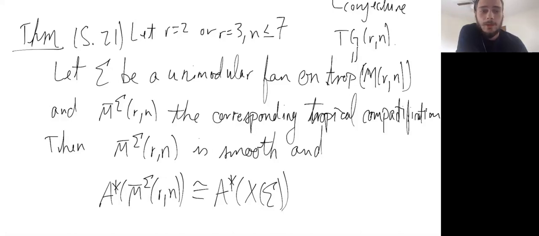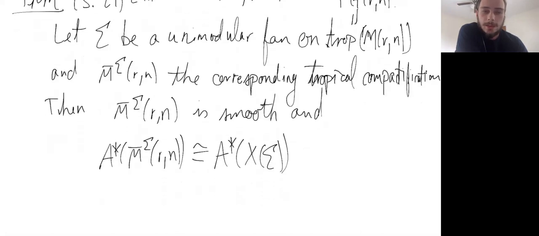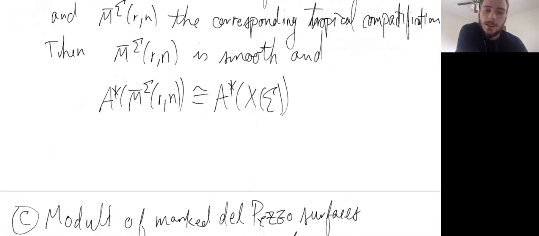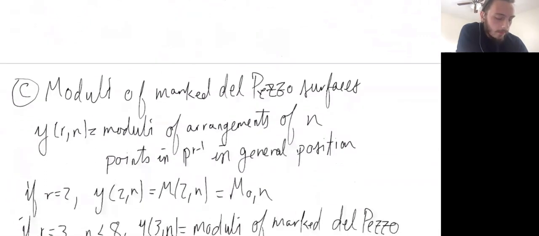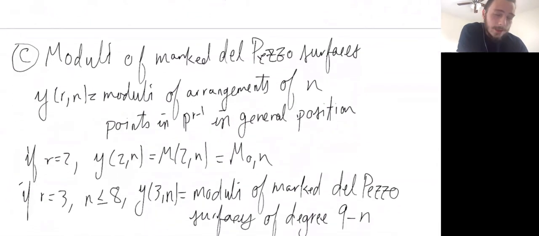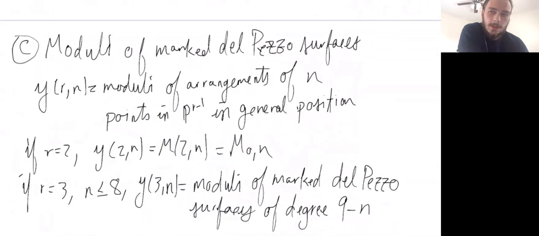But instead of doing that in the last couple minutes, I would rather discuss another related moduli space, which is in some senses much easier to understand. This is the moduli space of marked del Pezzo surfaces.